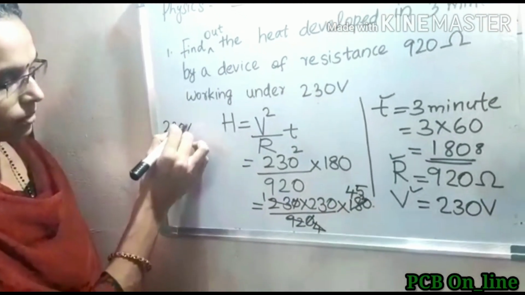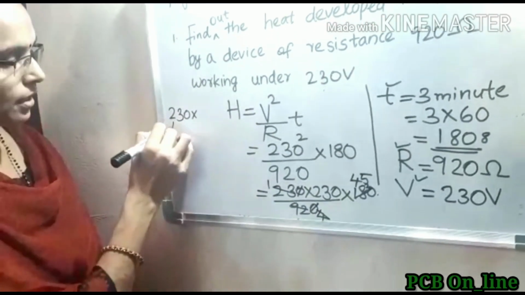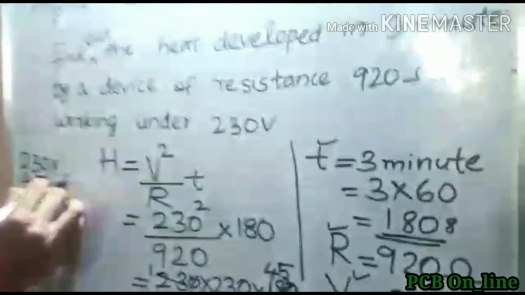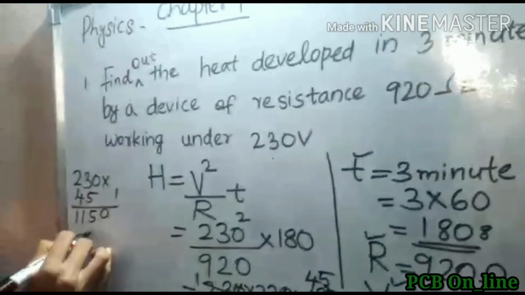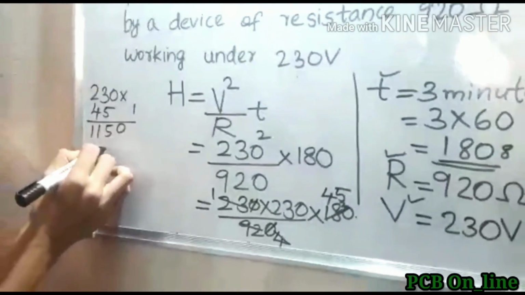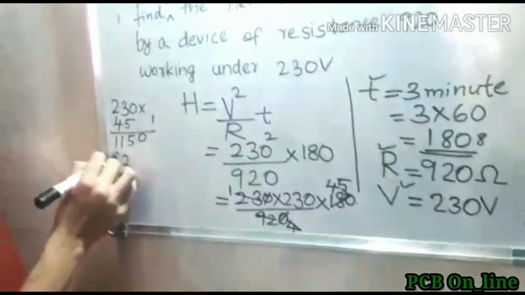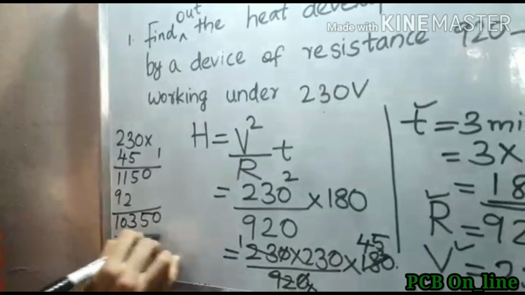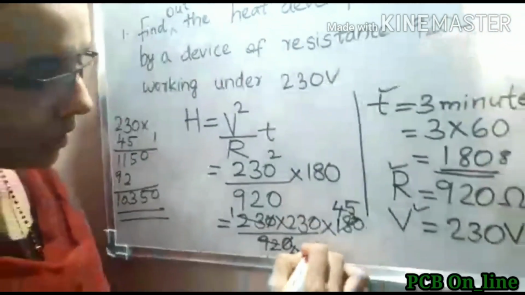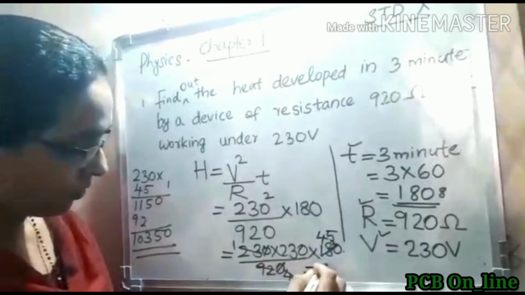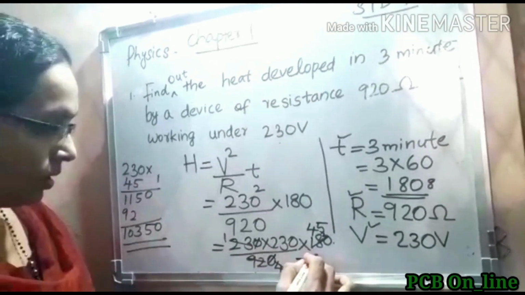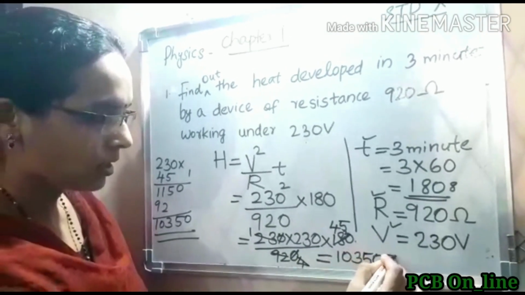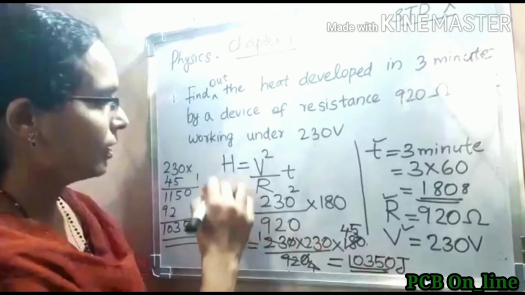The remaining numbers are 230 and 45. Thus we get 10,350 joules as heat energy.